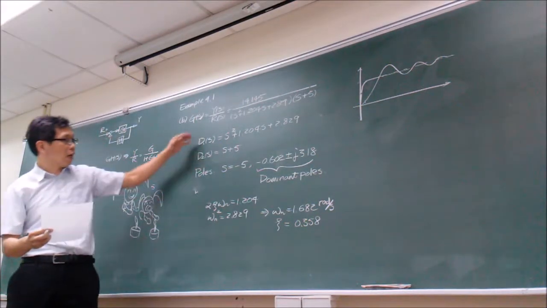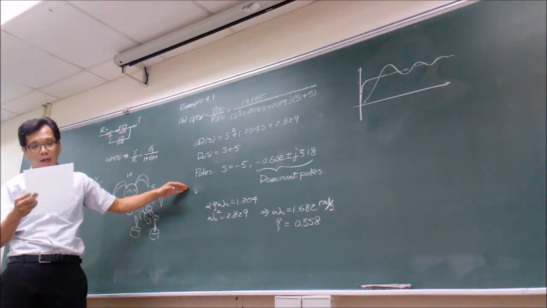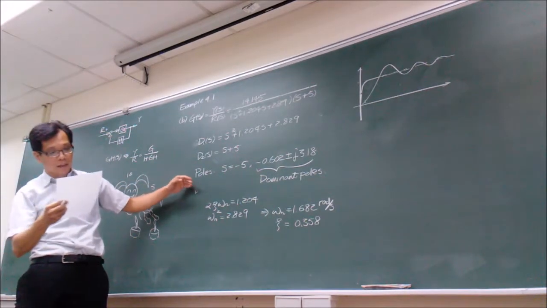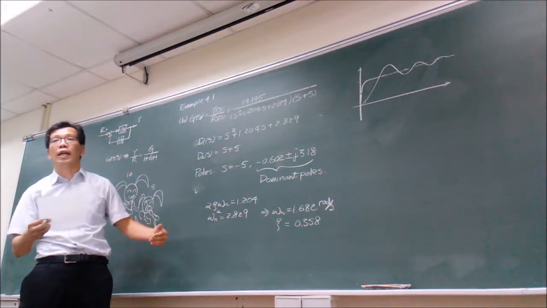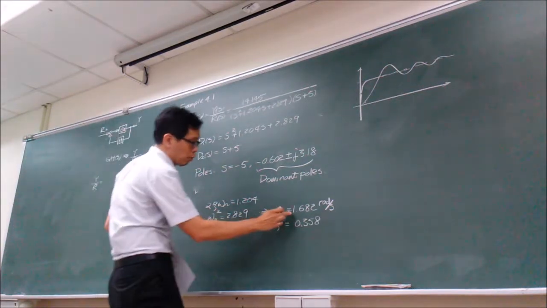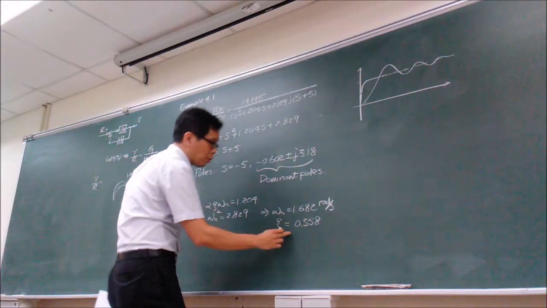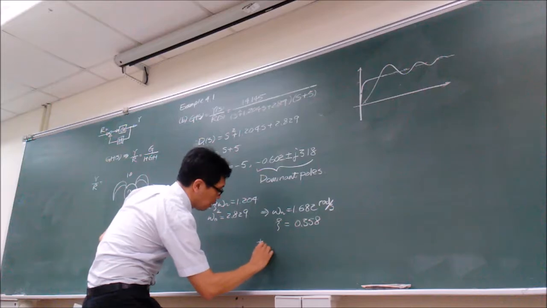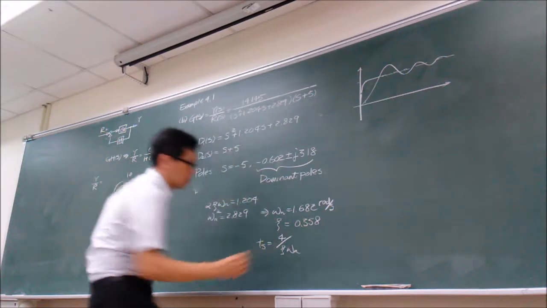When you have this kind of system, we try to find out the natural frequency, settling time, and peak overshoot. We are going to adopt those equations to find out those numbers. Does it make sense? So I come up with my natural frequency, my damping ratio, and settling time is going to be 4 over this one.